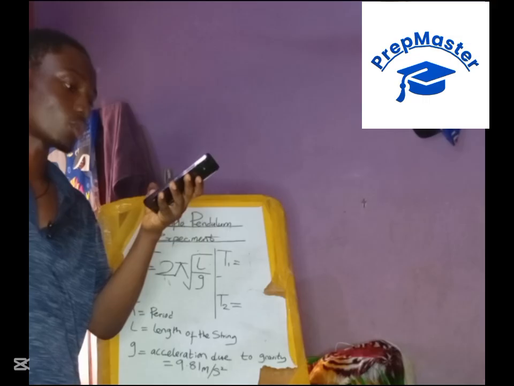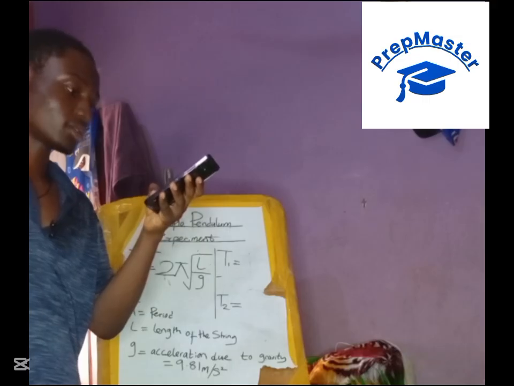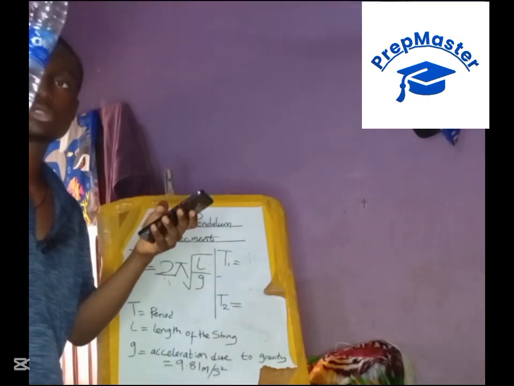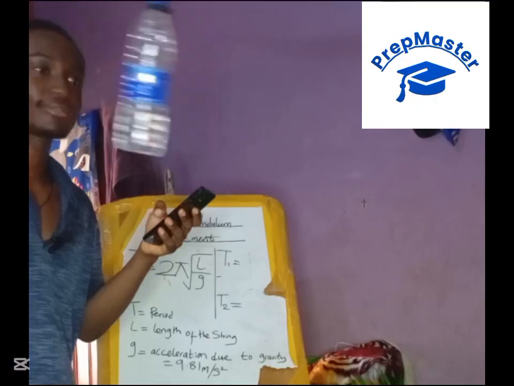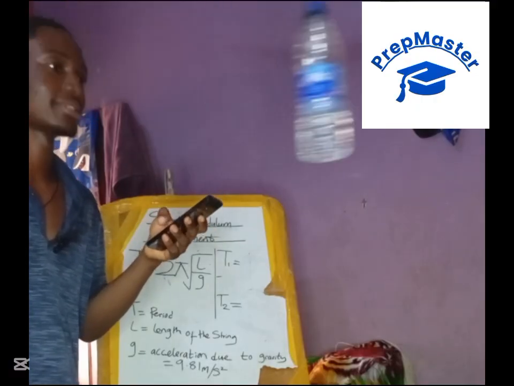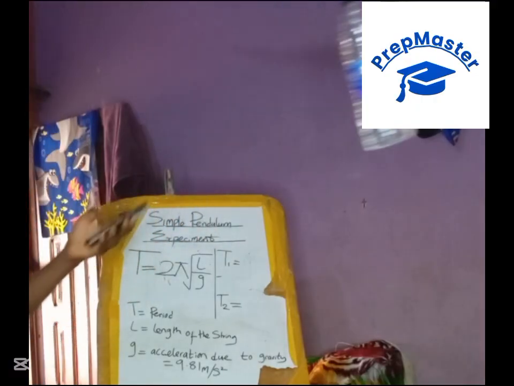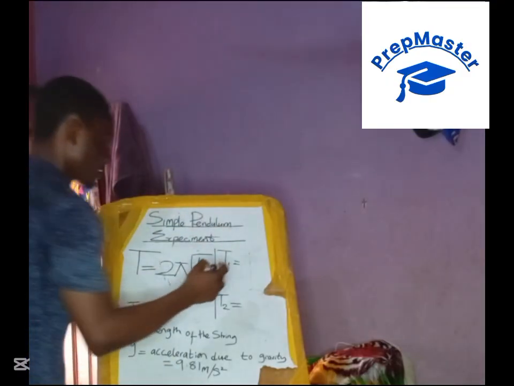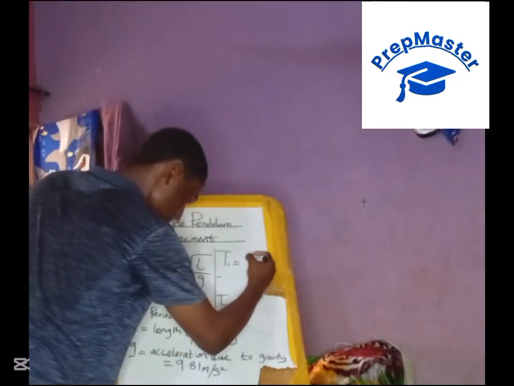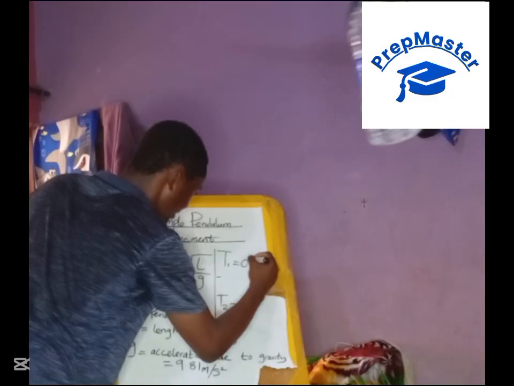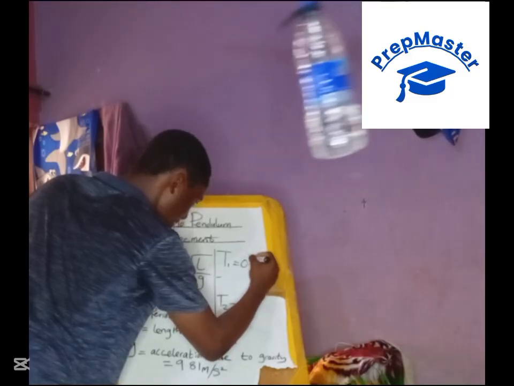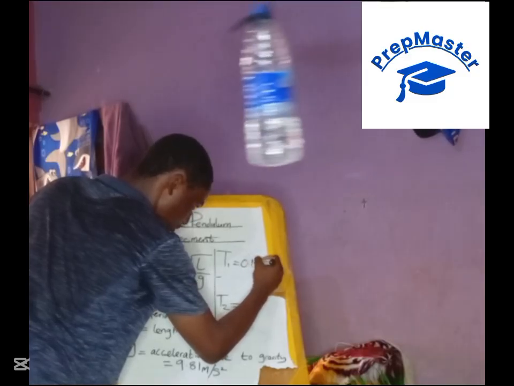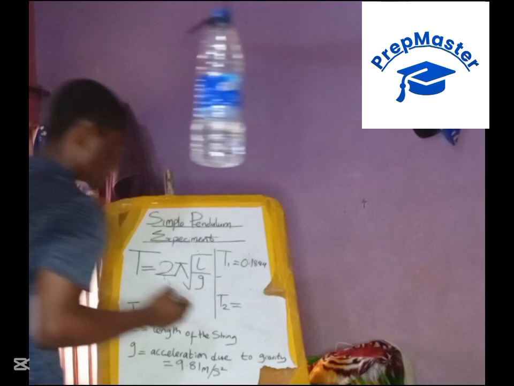Then 1, 2, ready, go. 1, 2, 3, 4, 5, 6, 7, 8, 9, 10. Right now we're getting a different period of oscillation, but it's still approximately 0.19. So we're getting 0.184.